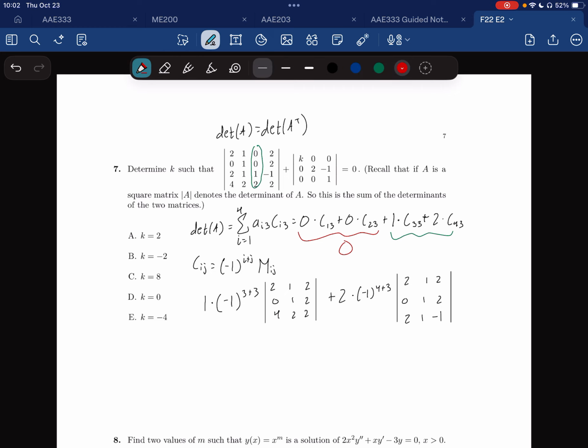Now let's find these determinants. Two 3x3 determinants. Because it's just 3x3, we're just going to go along the first row.